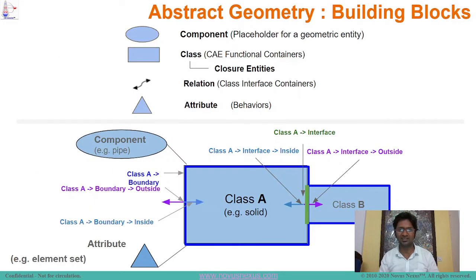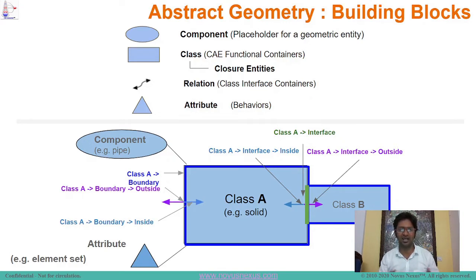Before starting the session, maybe I'll quickly cover one point which we have already seen in our earlier session, that is the building blocks of the abstract model. There are four building blocks: component, class, relation, and attribute. And you know that attributes are the behaviors that the user attaches on a class or the closure entities.